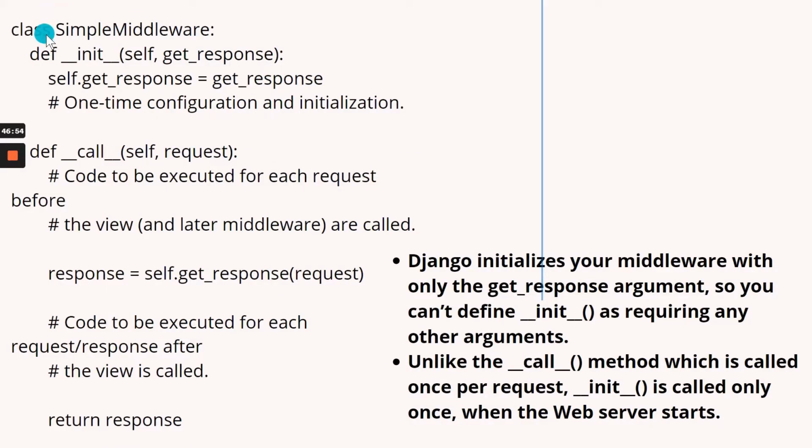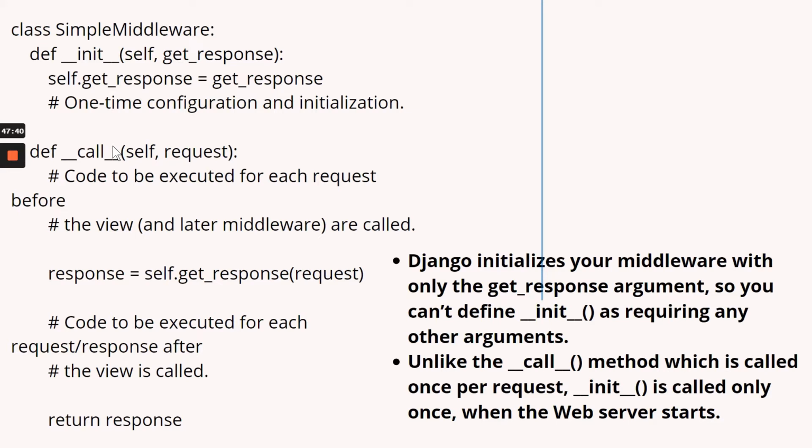So this is how my simple middleware class will look. def init is the constructor of this middleware class, which accepts this get response parameter. Unless and until you pass this get response parameter to this constructor, it won't initiate the constructor for the middleware. Remember this. So this get response, we are making it available throughout the class by saying self.get_response equals get_response. def call is the method called on every request cycle.